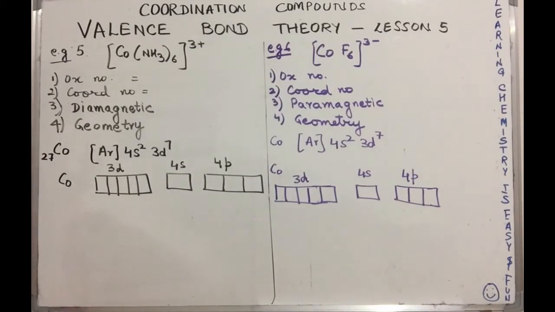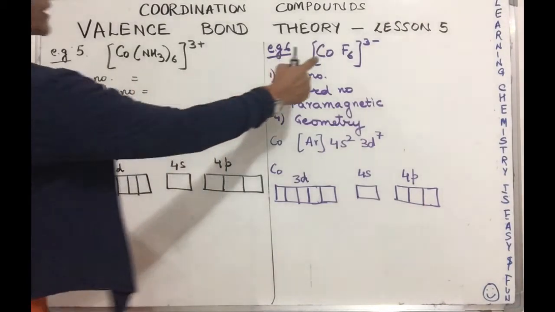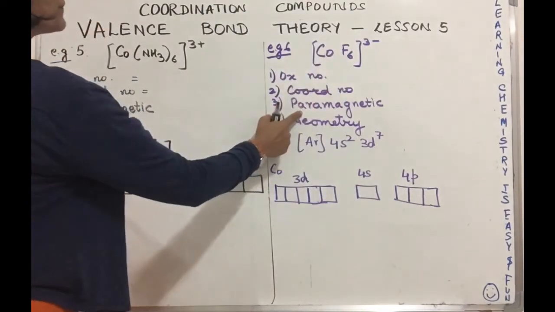I told you in lesson 1 itself. So in this particular compound, you tell me the oxidation number, coordination number, geometry. The only piece of information I am providing you is that this compound is diamagnetic, whereas CoF6 3- is paramagnetic.